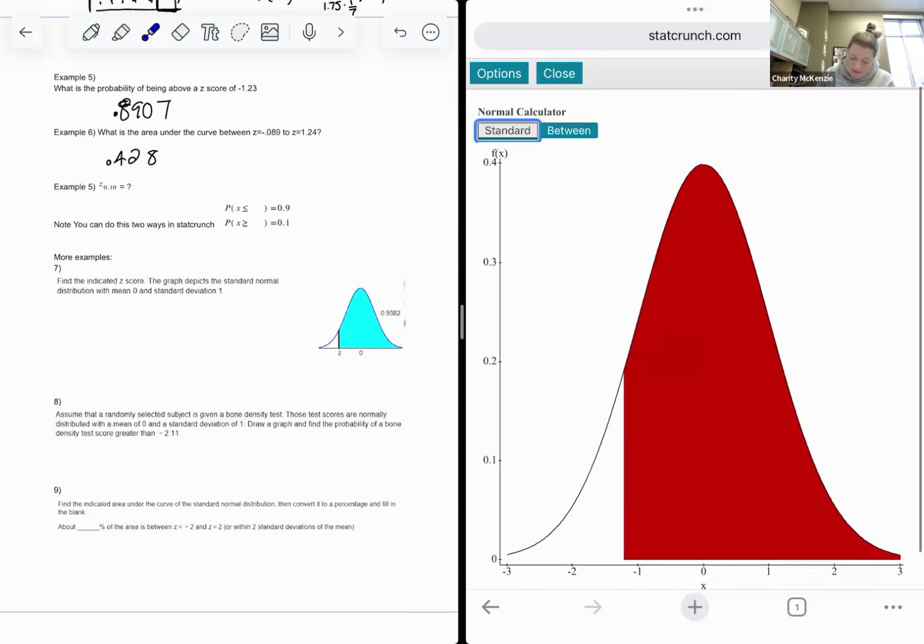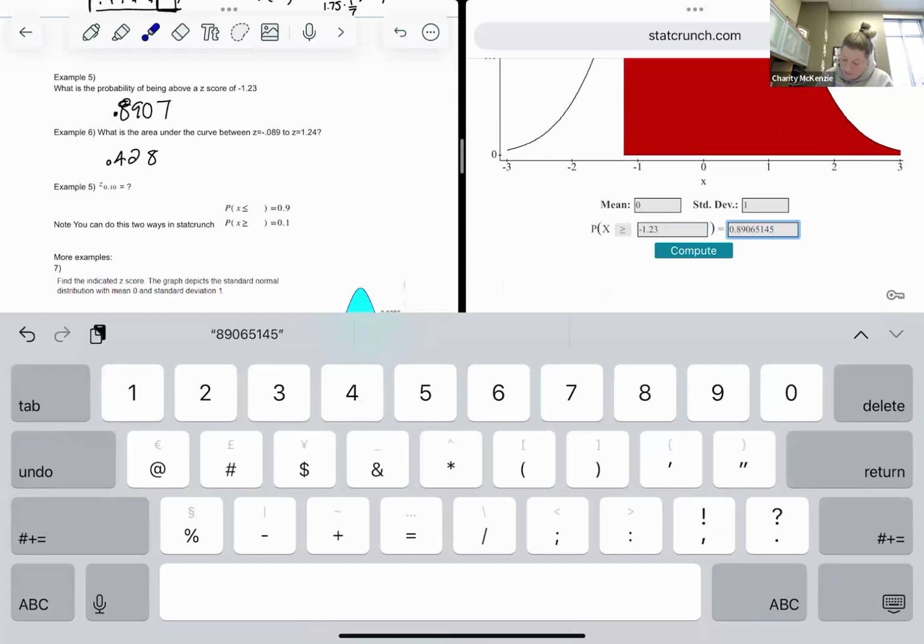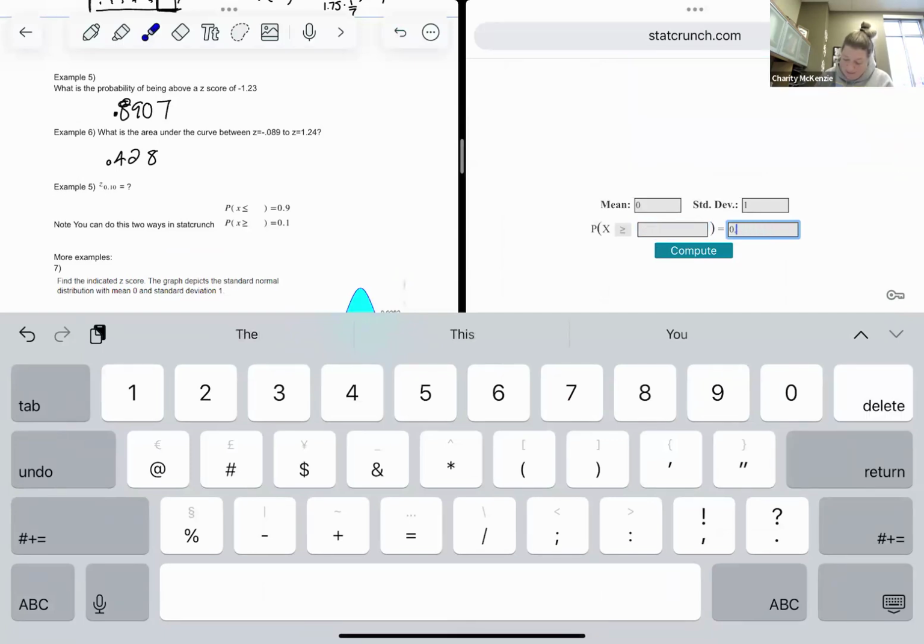We need to go back to our standard. If I see this weird notation like this, it is above the 0.1. So what is greater than the 0.1? And that's your probability of 0.1, right? So that one's a little bit different.